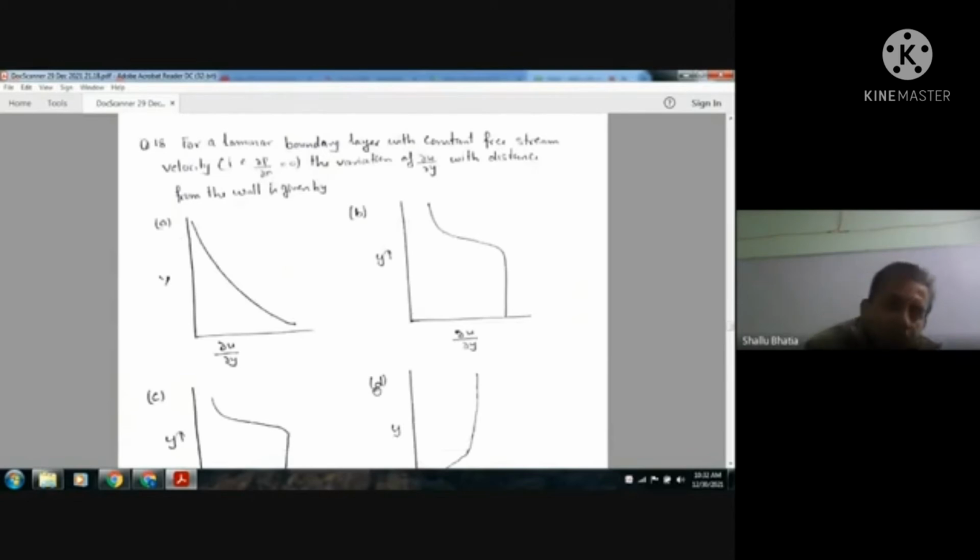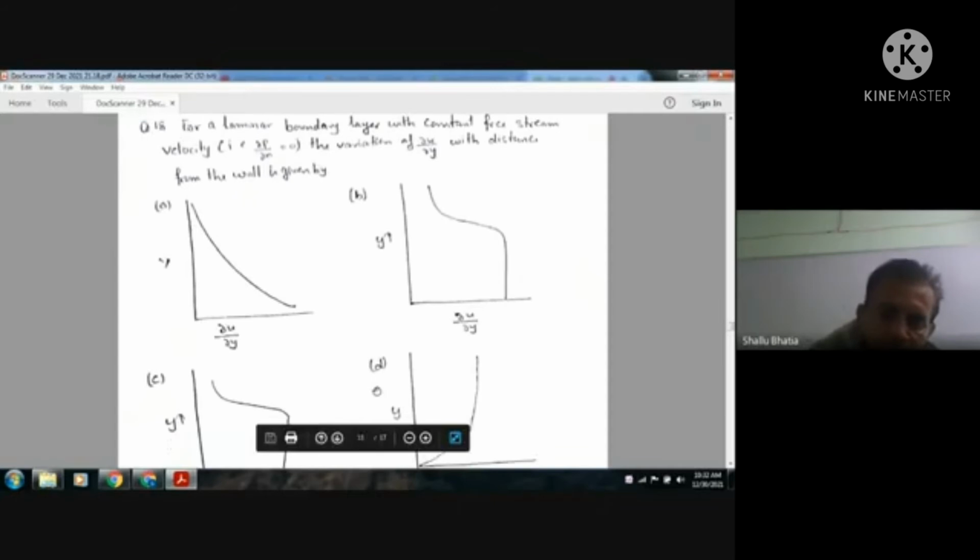for a laminar boundary layer with constant free stream velocity, that is, curly p by curly x is equal to 0, the variation of curly u by curly y with the distance from the wall is given by... So as we move in the y direction, when curly p by curly x is constant, within the laminar boundary layer this will remain as a straight line.